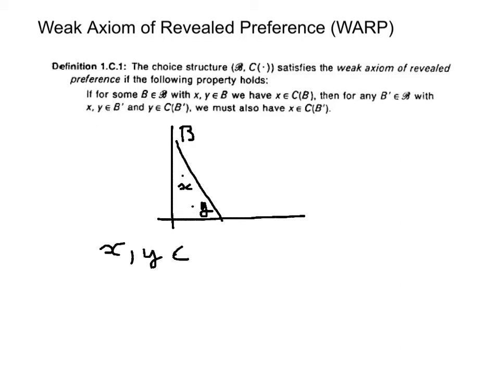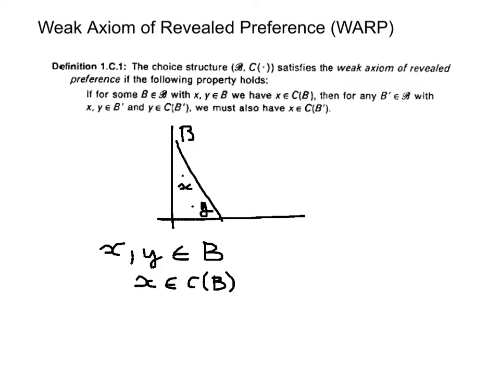So if X and Y are available from a particular budget set B, so here's B, and we have X and Y. So X and Y are available in B and X is chosen. And you'll note at this stage I do not know whether Y is chosen as well or not.